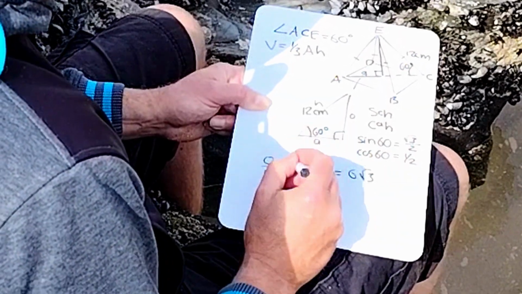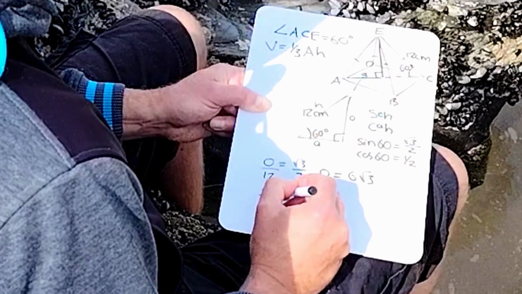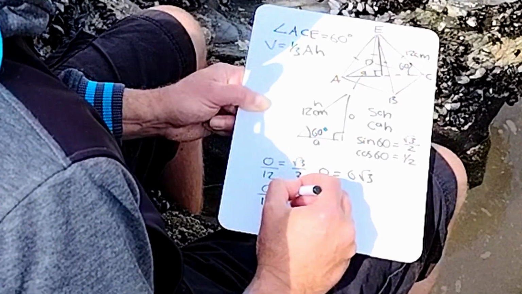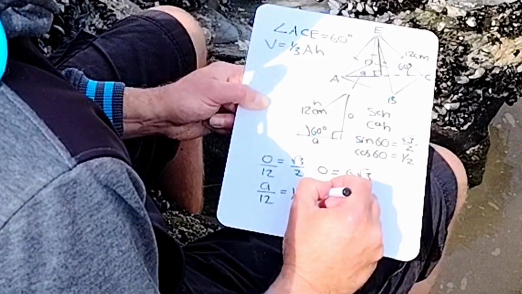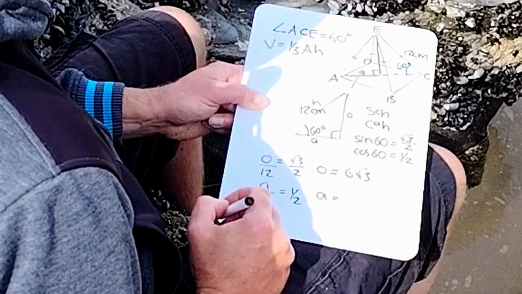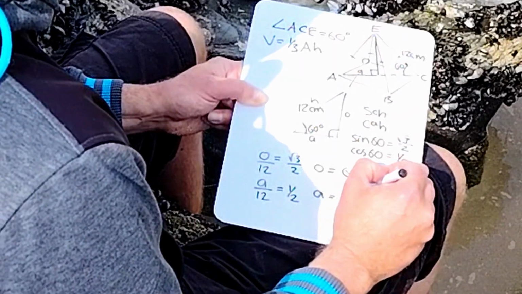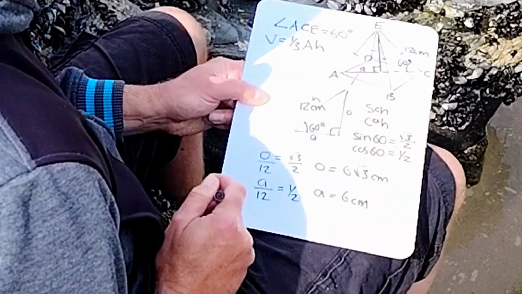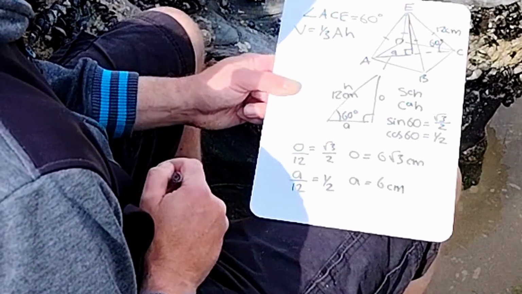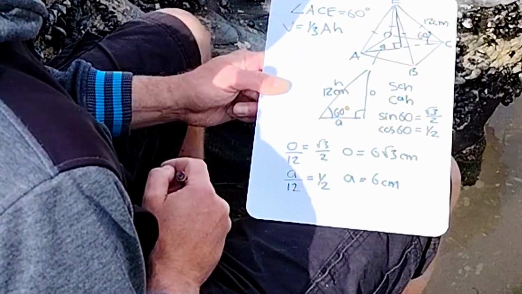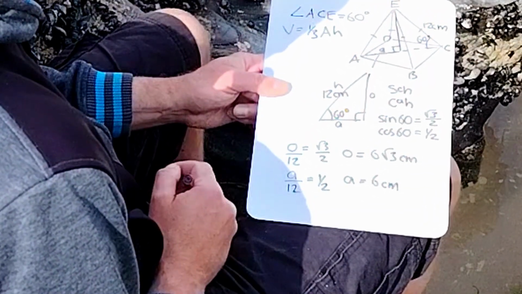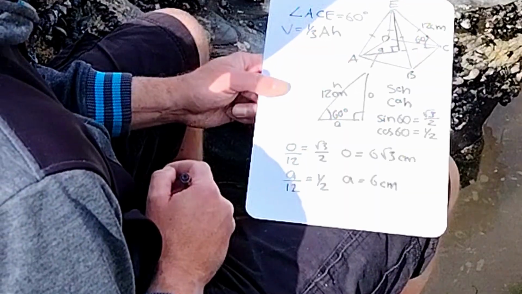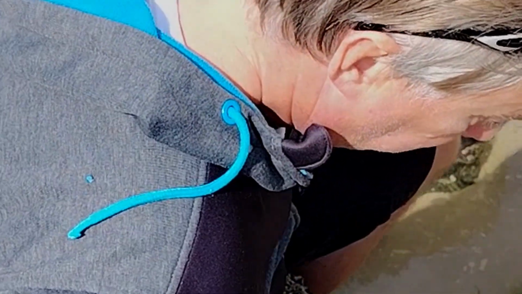So there's my opposite. Similarly for the adjacent, I know the adjacent over 12 is going to be equal to cos 60, which is a half. So once again multiply both sides by 12, and I end up with the adjacent being 6 centimeters. That allows us to work out some facts that we need to finish the calculation of the volume. So here we go.